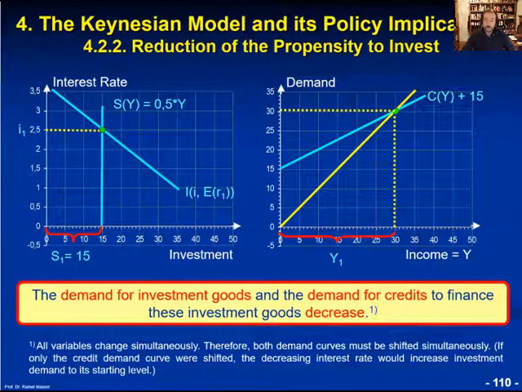So we have to reduce the demand for goods and the demand for investment credits by 10 units, which corresponds to the length of two little quads.